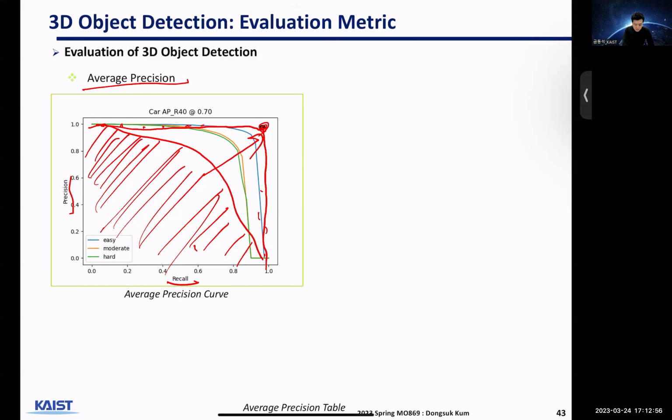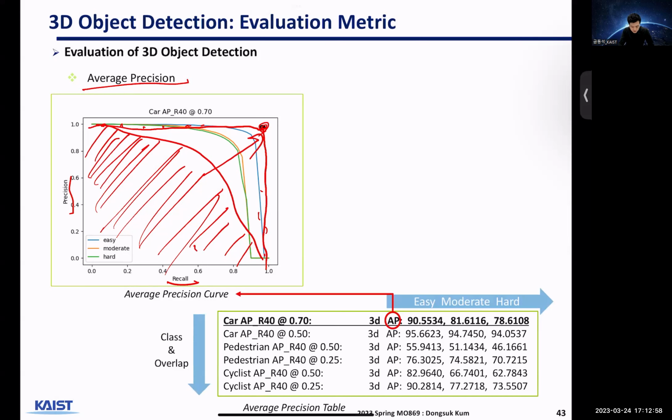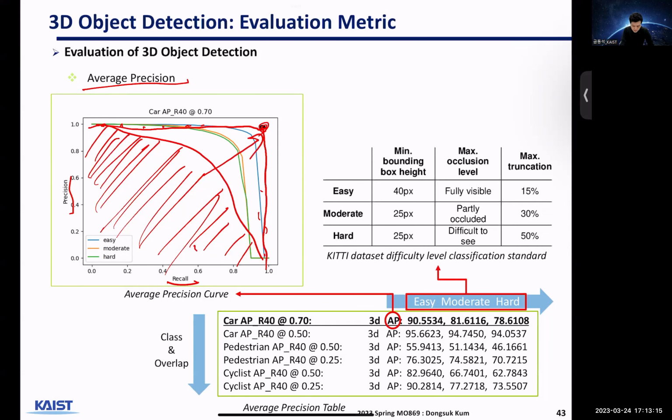And when we say mean average precision, that means we need to calculate this for different classes, okay? And compute the mean value of multiple average precisions, okay?